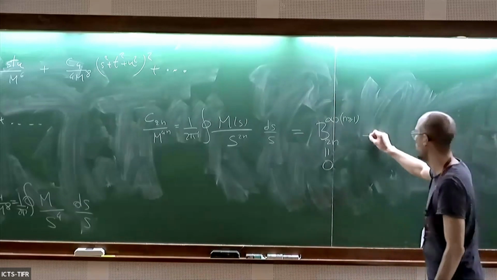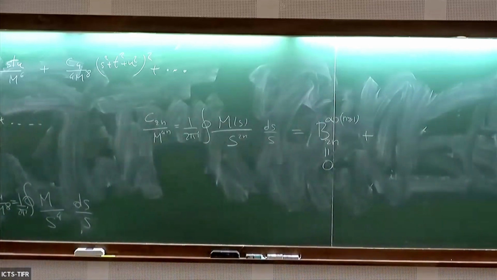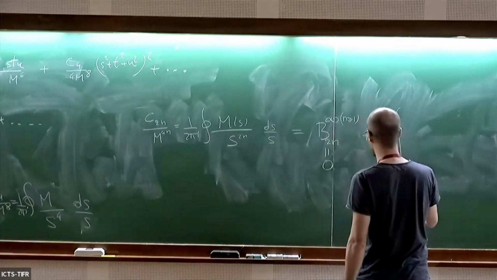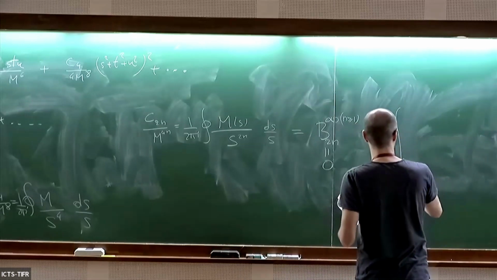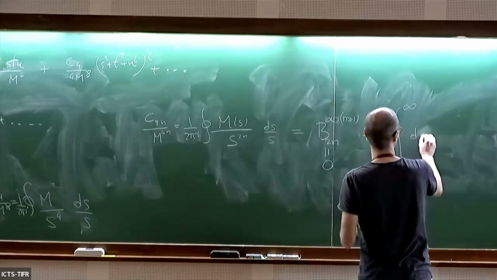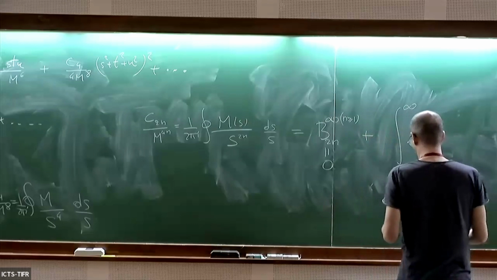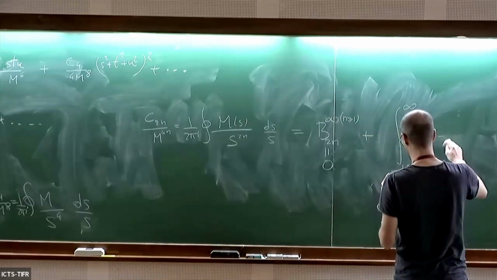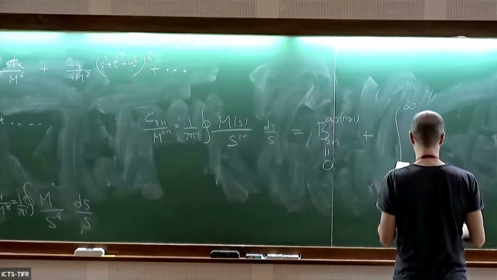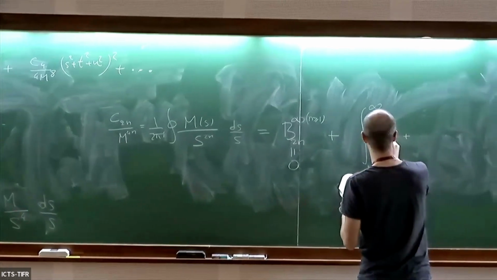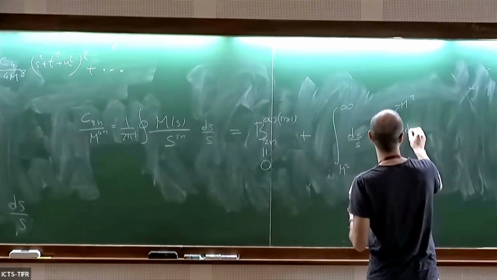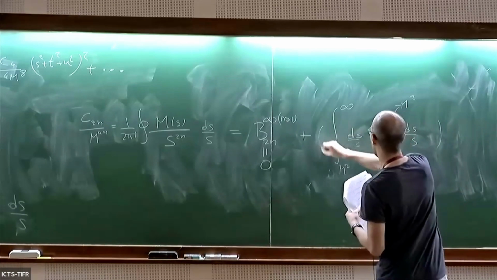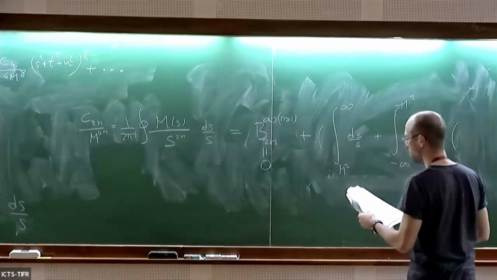Plus the contribution from this part and this part. So there are two integrals. One starts from m squared to infinity, ds prime over s, plus the integral from minus infinity to minus m squared, ds over s, of the discontinuity.